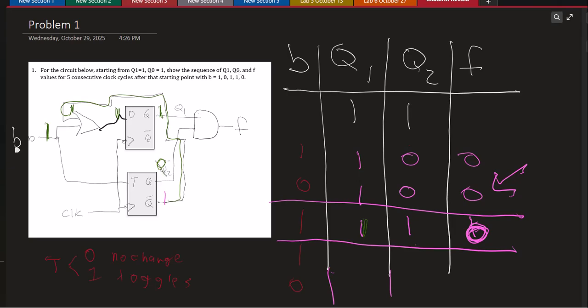That means it's going to toggle. So Q2 will become 1, Q2 naught will be 0, but my output F is Q1 and Q2, and that is a 1. 1 and 1 is 1.